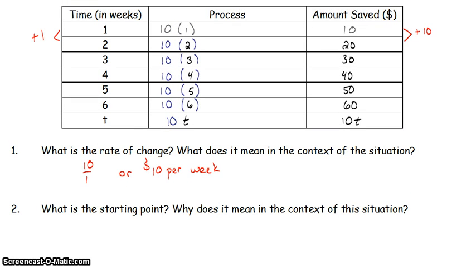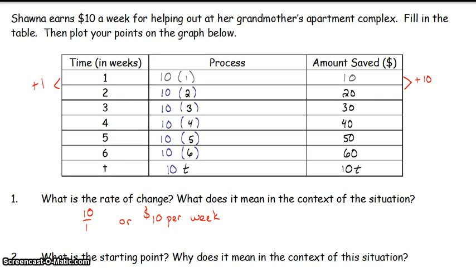Number 2 says, what is the starting point, and what does it mean in the context of this situation? Yesterday, we talked about starting point being where x was 0 in your table. But if you look at this table, I don't see 0 for x anywhere. You can, however, go back in time. All of these jumps were a jump of 1.